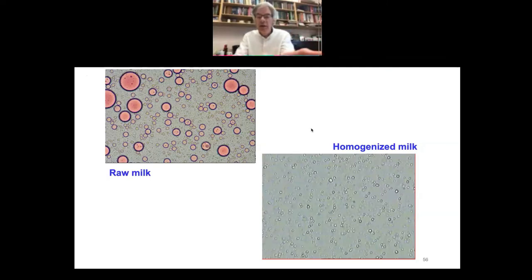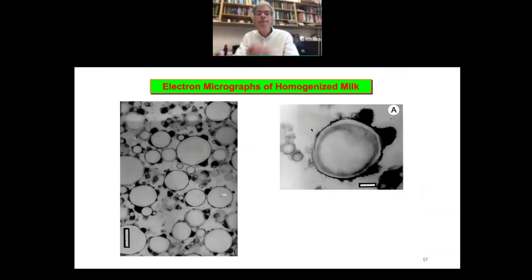Here you can see in a light microscopic picture raw milk, as I showed you earlier, with a population of very large droplets. In homogenized milk, they are all now very uniform in particle size and considerably smaller. When you look at electron micrographic images of homogenized milk, you can see the interfacial layers around them. Here you can see the casein micelles, and that monolayer coverage of protein.